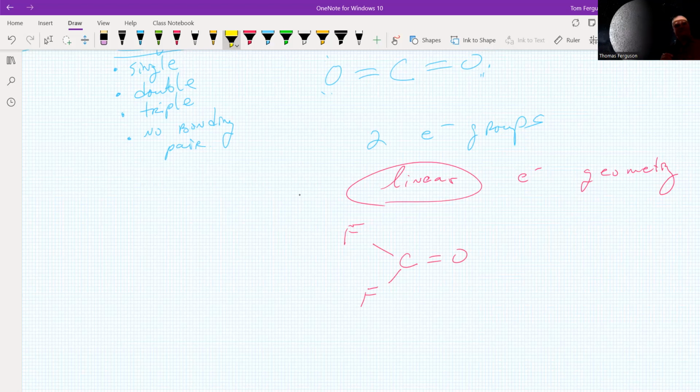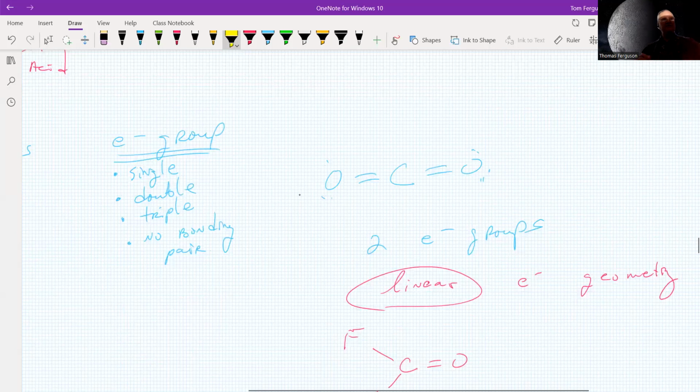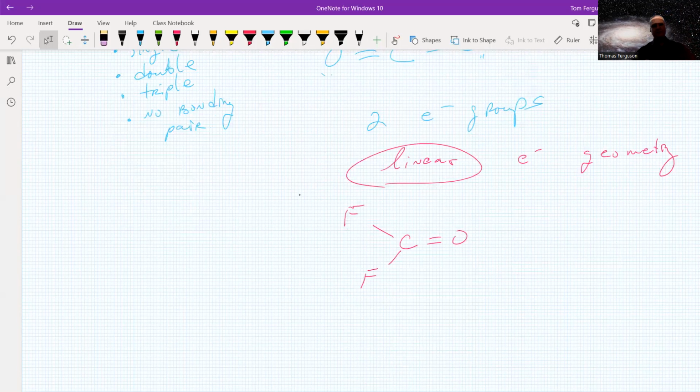Remember up here? I said these all qualify as one electron group, single, double, triple. So those are the 3 electron groups.